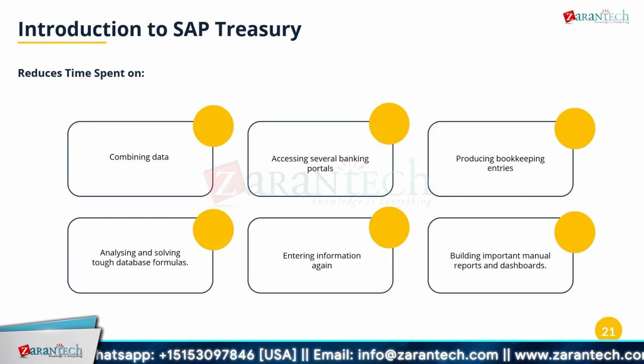For example, as an accountant, I am setting up a payment instruction in the banking portal, and let's say it has two levels of approval, one with the controller, one with the CFO. In such cases, the controller and the CFO have to log into the banking portal. Based on the approval amount, they can approve on the banking portal.